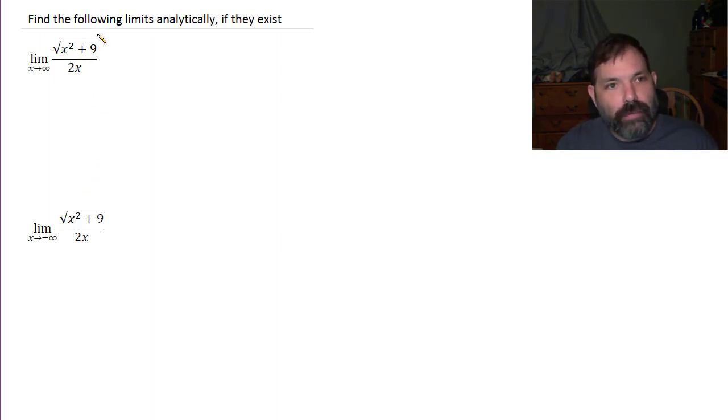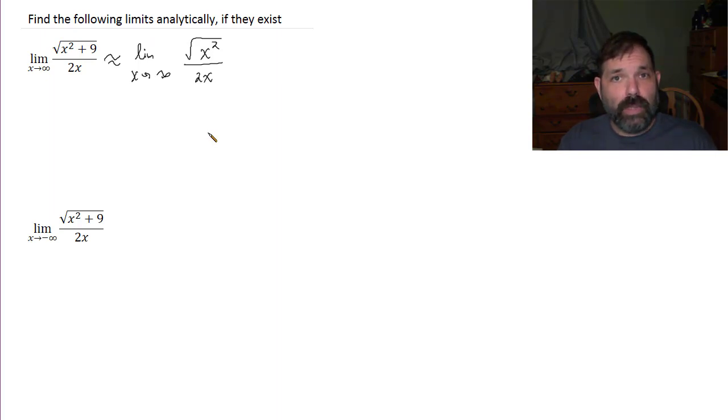So if we had the limit as x approaches infinity of the square root of x squared plus 9 over 2x, this is approximately the limit as x approaches infinity of the square root of x squared over 2x.